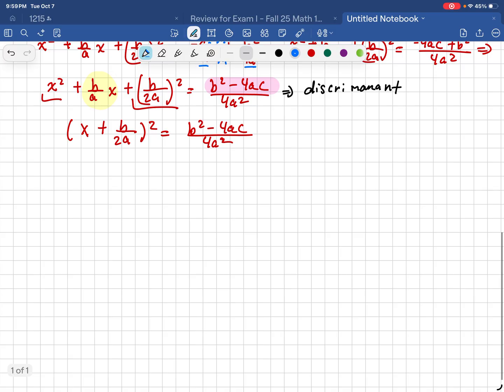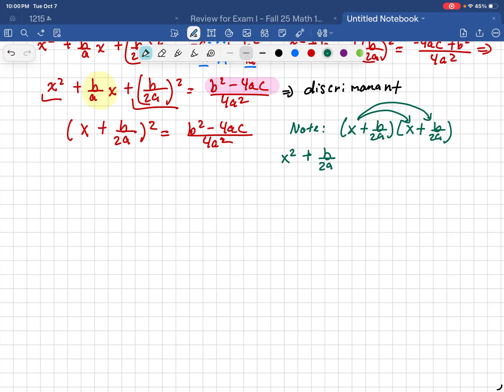So I'm going to change color now. And this is a side note. So I'm going to put side note. And we have x plus b over 2a times x plus b over 2a. Using FOIL, I'm going to distribute. So I have x squared plus b over 2a x plus b over 2a x plus b over 2a squared.